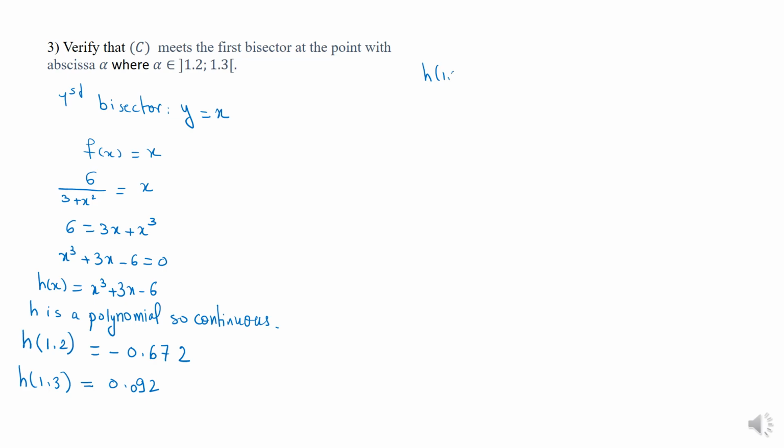Now the important thing is h of 1.2 times h of 1.3 is less than 0, since h of 1.2 is less than 0, and h of 1.3 is greater than 0, which means that there exists alpha between 1.2 and 1.3, so that h of alpha is equal to 0.